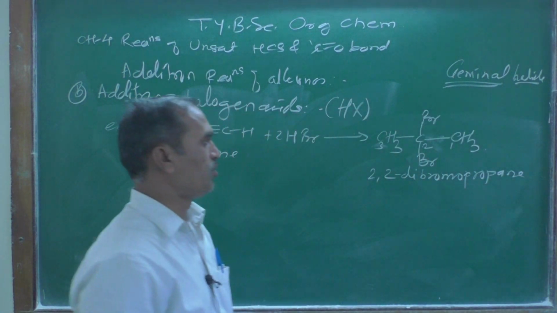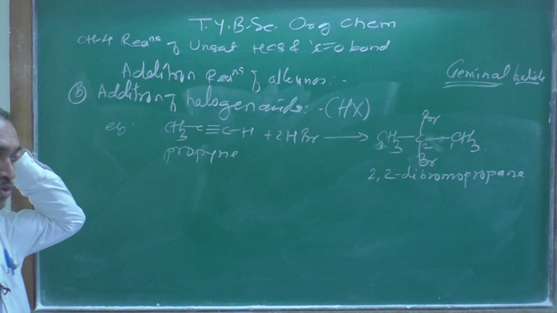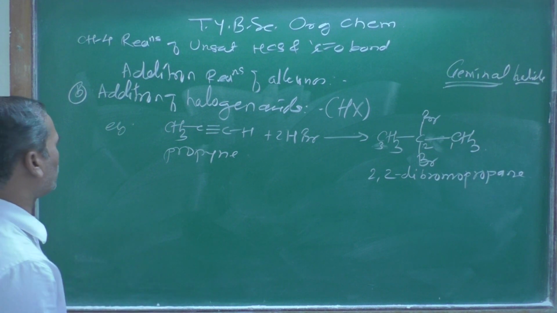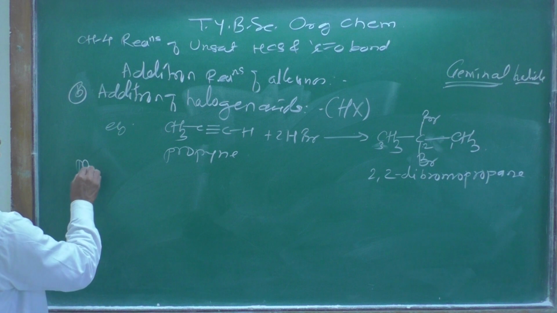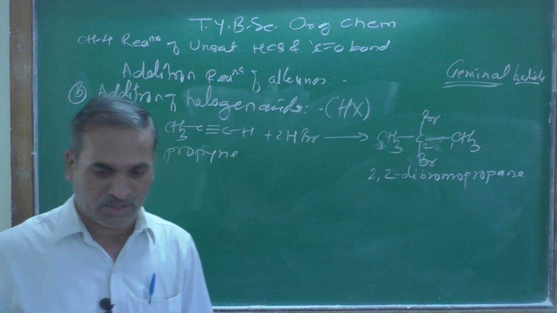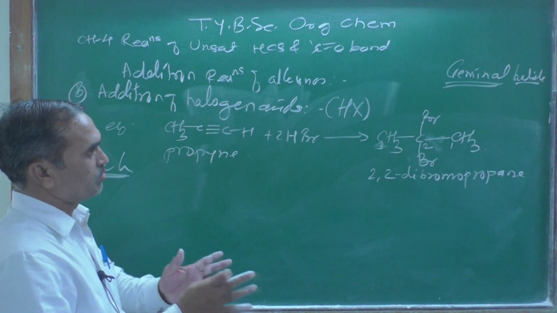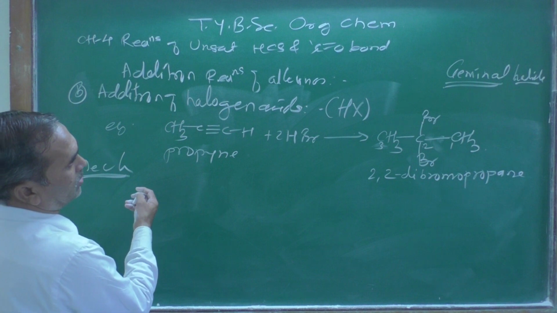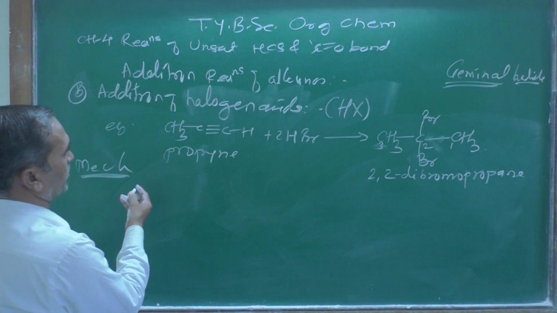This is the IUPAC name of this compound, 2,2-dibromopropane. Now let us look at the mechanism of this, and as we know, mechanism is the language of organic chemistry. If you know the mechanism, you are able to write it. Now let us see here, how do you show the mechanism here?